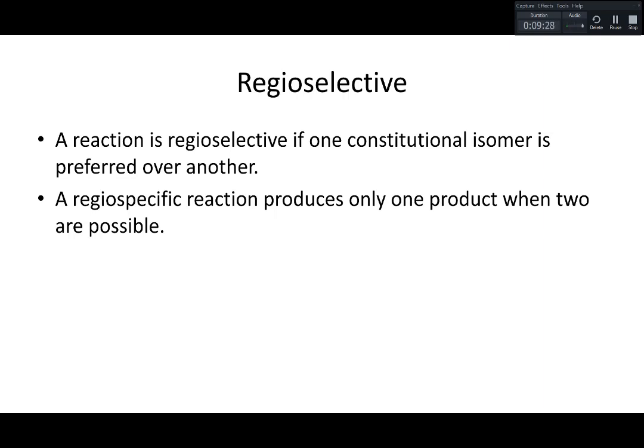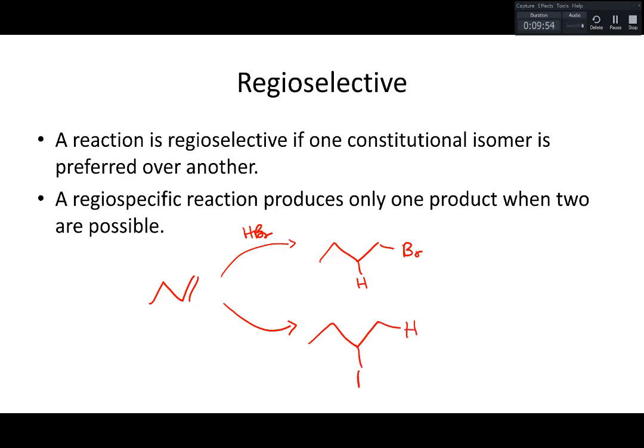So when you're looking at a reaction, for example, 1-butene like this, there are two possible outcomes. Let's say for the addition of HBr. The one outcome is going to be this, and the other outcome is going to be this. Now, if you actually do this reaction, this is probably over 90% of the product.